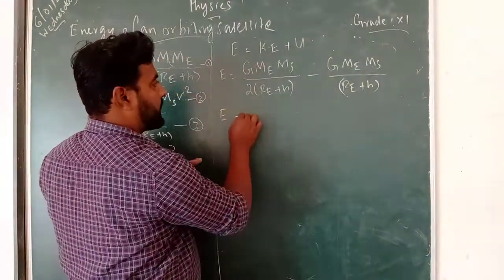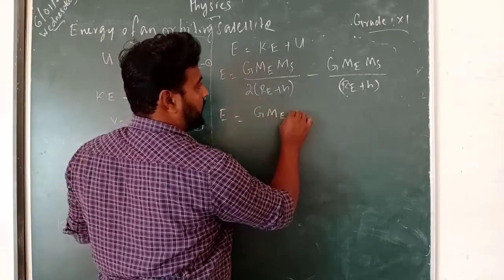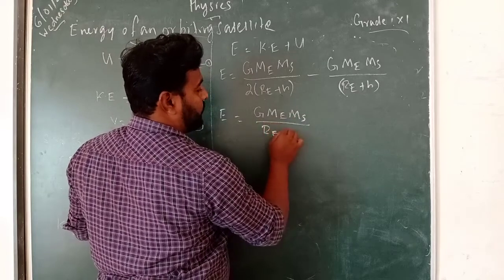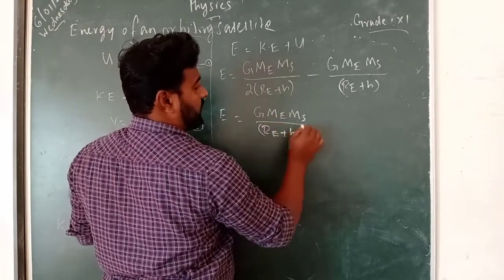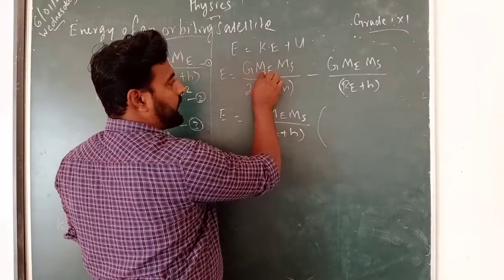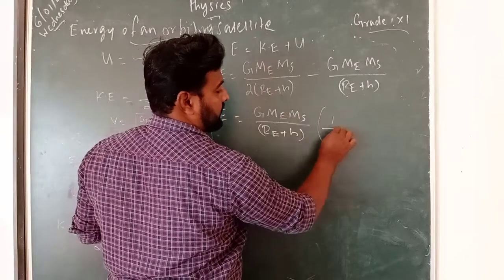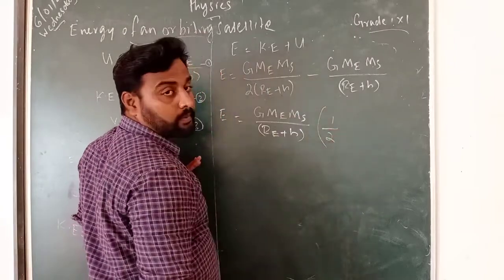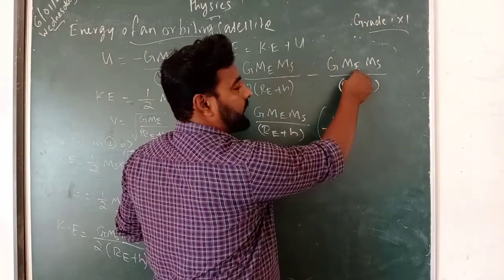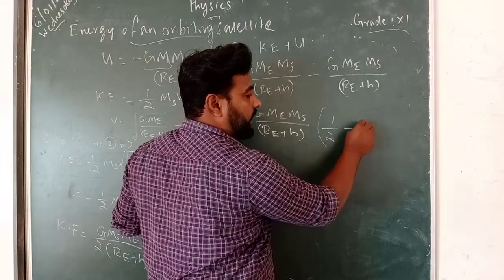E is equal to G Me Ms by Re plus H. Inside the bracket, only 1 by 2 remains, minus 1 remains from the second term.